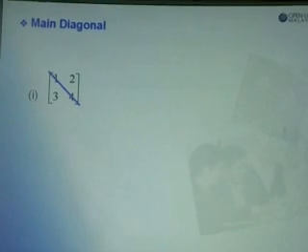Okay, next, what is the meaning of diagonal? In a matrix, especially a square matrix, the main diagonal refers to the elements at locations A11 and A22 in a 2 by 2 matrix, denoted by the blue line. These are the elements located on the main diagonal of a square matrix.